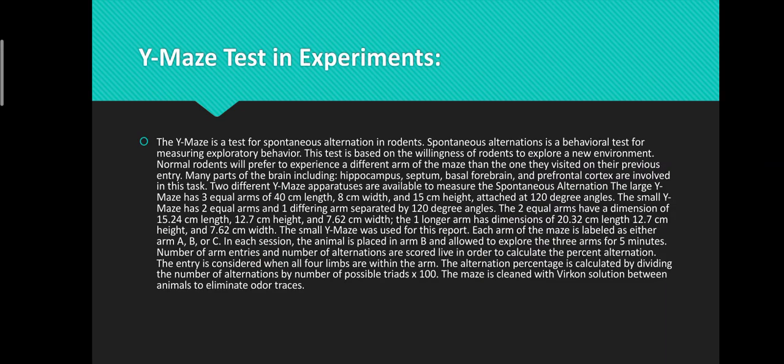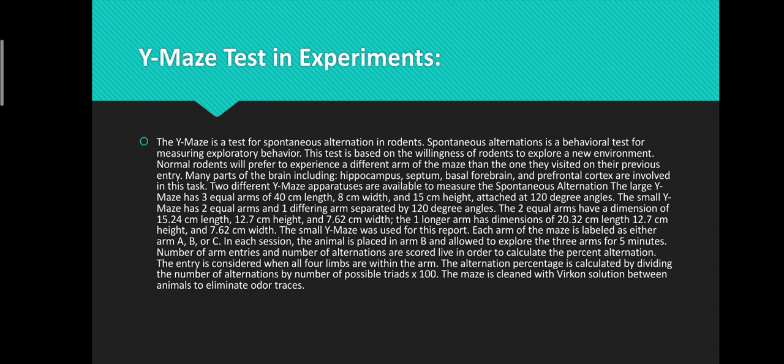If I talk about the experiment, the Y maze is a test for spontaneous alternation in rodents. Spontaneous alternation is a behavioral test for measuring exploratory behavior. This test is based on the willingness of rodents to explore a new environment.